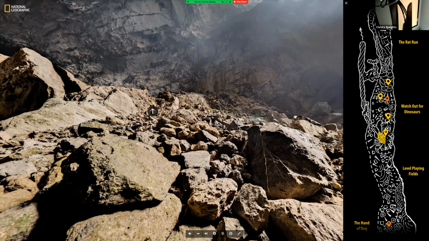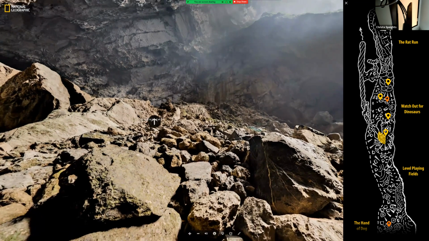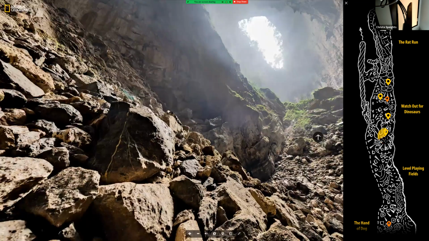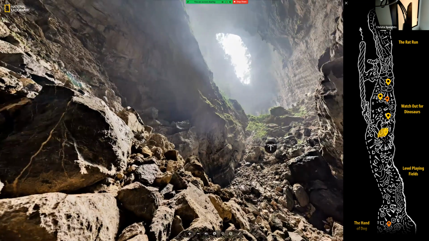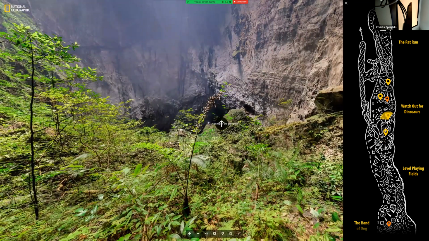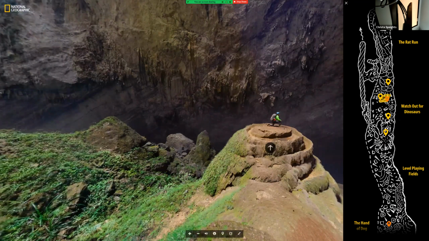Okay, so we went the wrong way. We're up in the Dolomite. Okay, so we're going to move on to another stalagmite here.